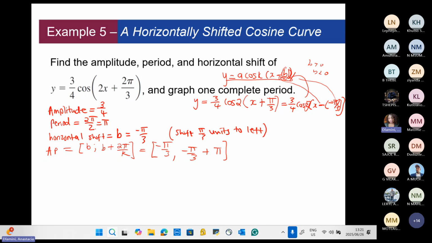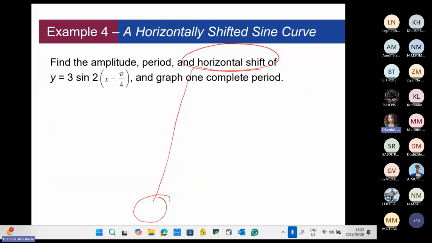Are we all together? Ma'am, you said on the assignment we must write appropriate interval. Yes, you write appropriate interval for which you draw one complete period, the way they wrote it here in the notes.